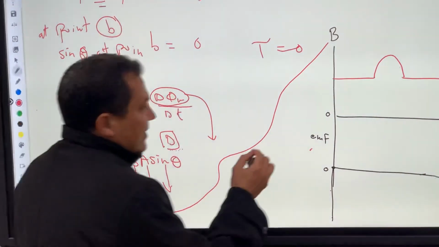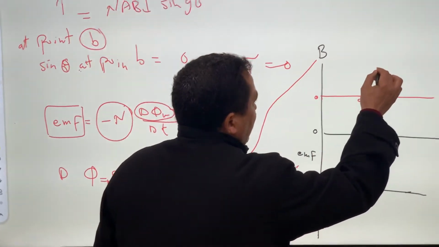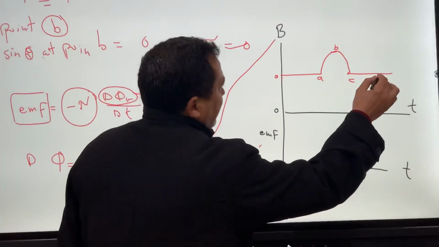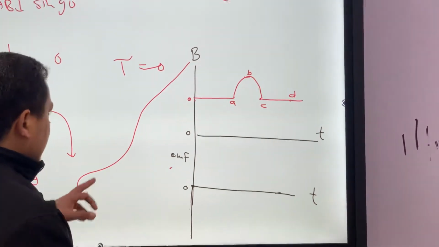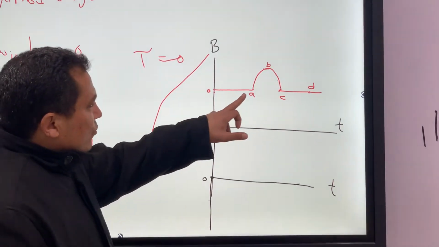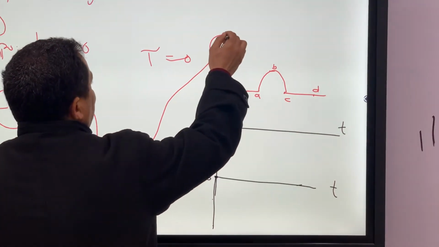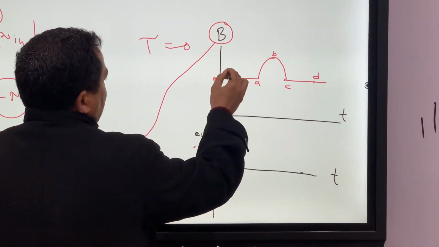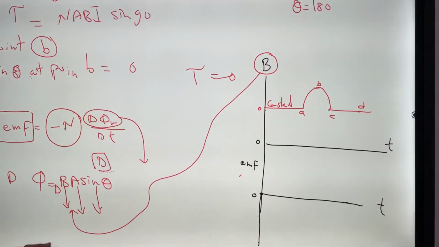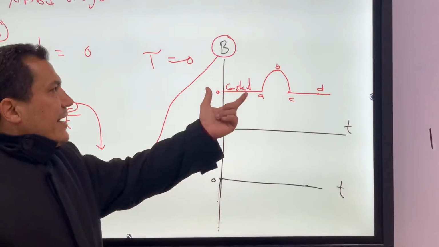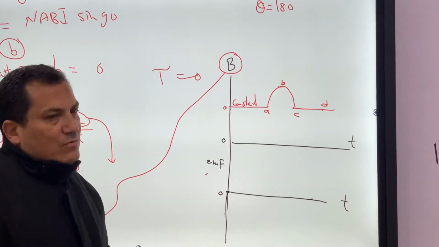Okay, look at these points: 0, A, B, C, D. From point 0 to A, the magnetic density is constant. That means the rate of change of magnetic density equals 0.